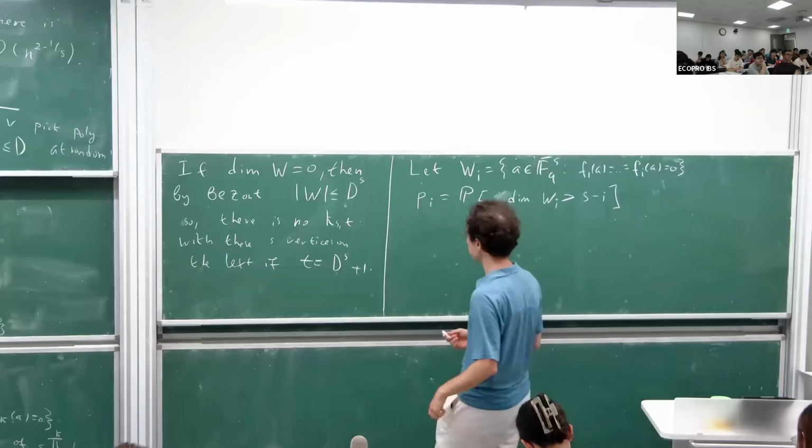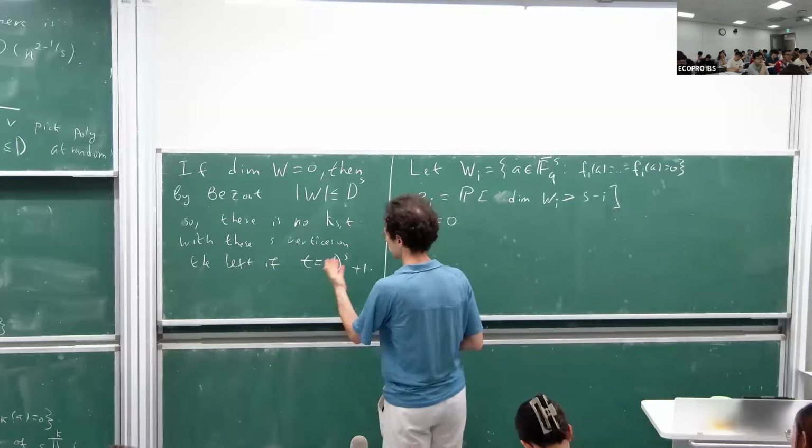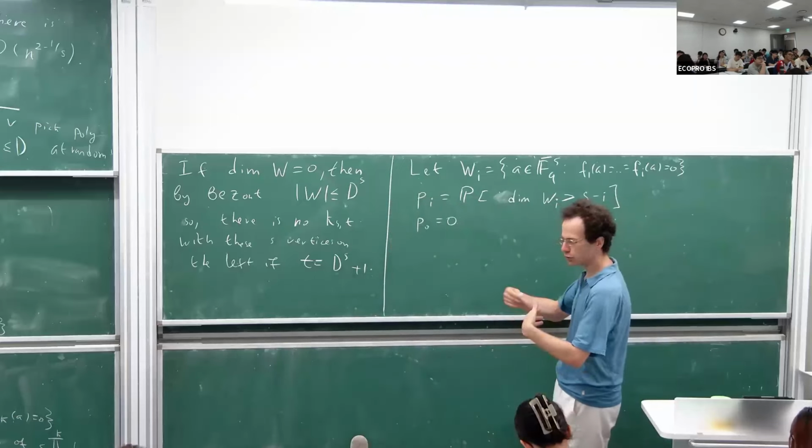So let's see. First of all, P of 0 is 0, right? We have no equations. If we have full dimensional space, everything is trivial. So let's do the induction.